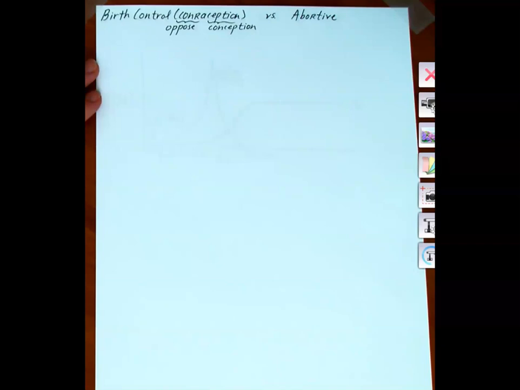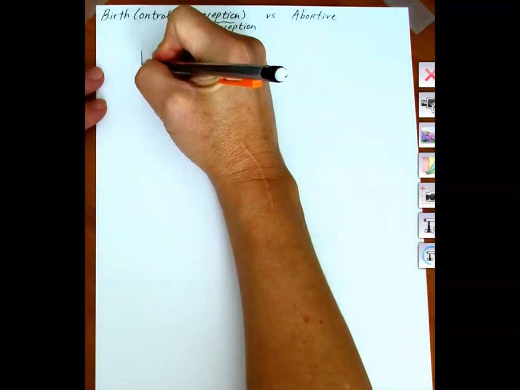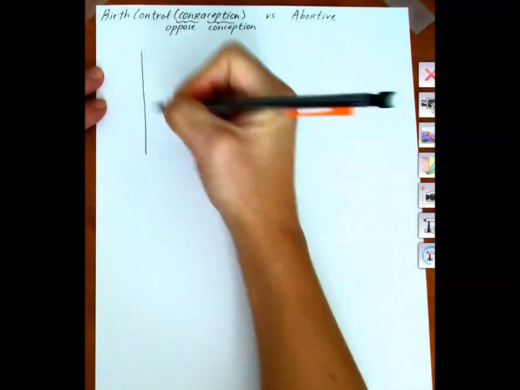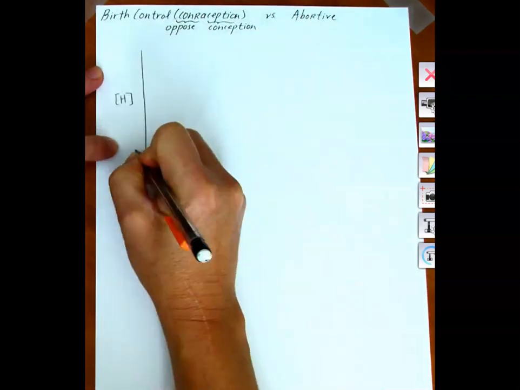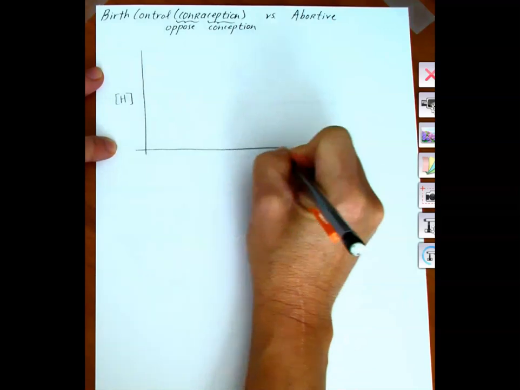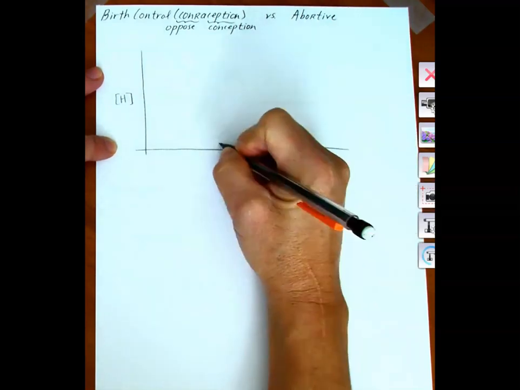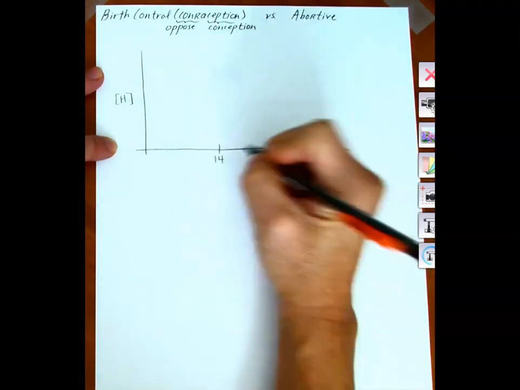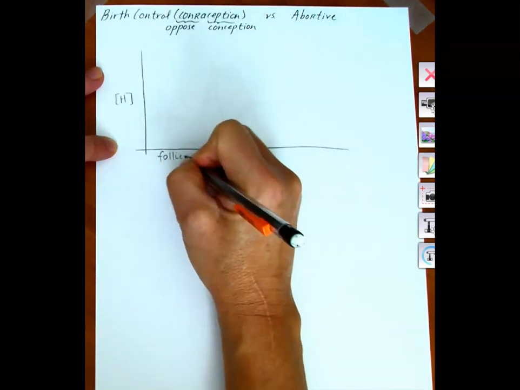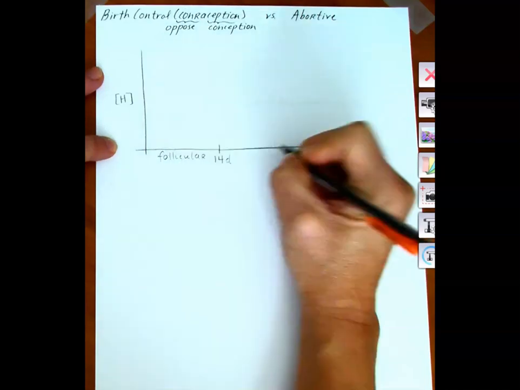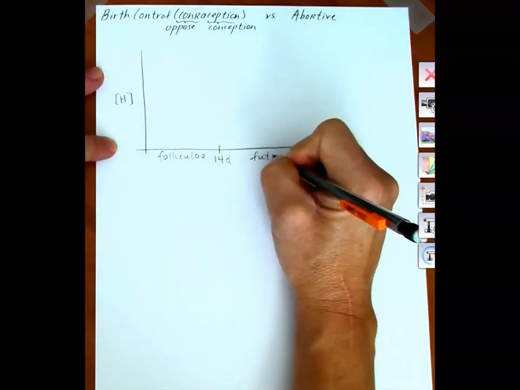Okay, so now let's talk about mechanisms of actions. And I want to do a short sketch of a woman's hormone cycle. So the y-axis is going to represent our hormone levels, and the x-axis is going to represent time with our 14-day marker here and our follicular phase on the left and our luteal phase on the right.